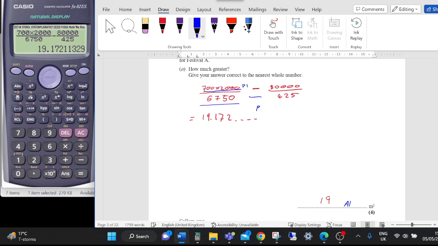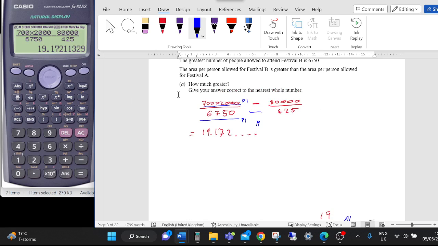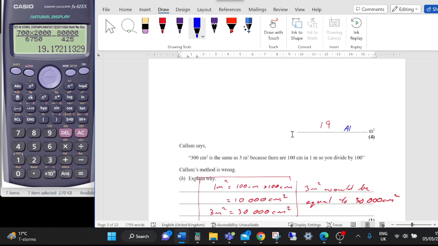So just for working out the area per person for one of the values would have got you the P mark. And then for part B, it says, for example, 300 centimeters squared is 0.3 meters times 0.3 meters. So it's 0.09 meters, or 3 meters is 90,000. Oh. No.